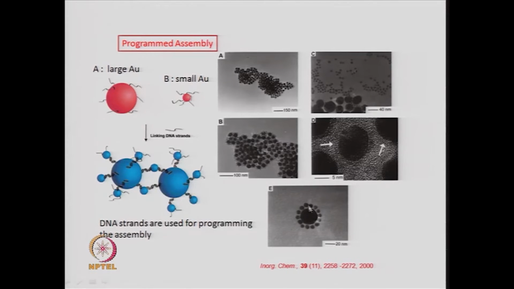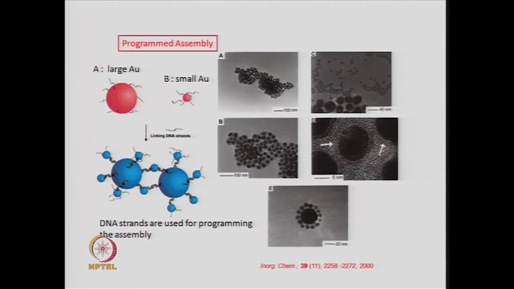So, these small particles are self assembled around this large particle, and that can be seen clearly. These are several of these large particles with small particles around them, and if you zoom onto one of these particles, then you see this. So, DNA strands have been used for programming the self assembly.